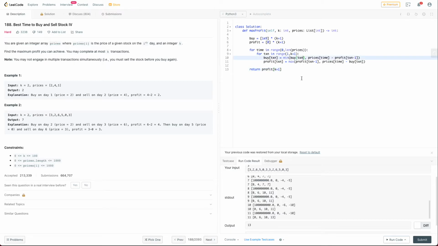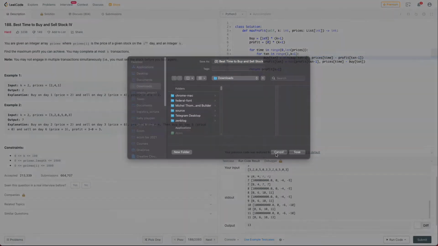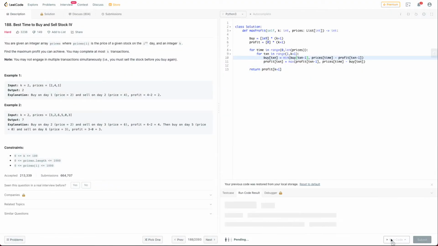And I'm wondering if this needs to be -1. Yeah, this might be -1. Let's see. And let's just run this code.